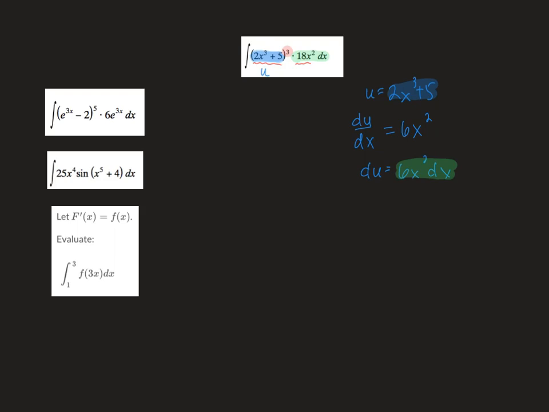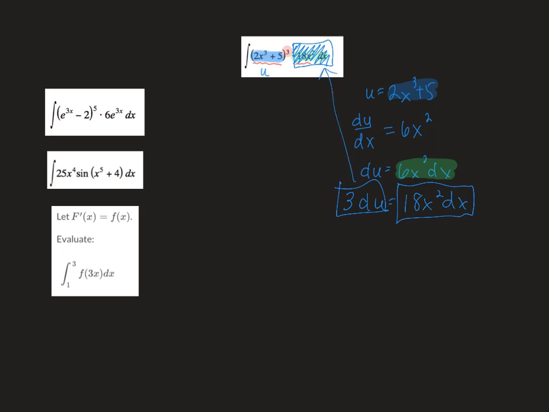So that tells me I'm going to multiply by 3, and this becomes 3 du equals 18x squared dx. And now I have an exact match. This, letter for letter, number for number, says exactly this. So that whole box right here is going to be replaced with a 3 du. It's going to be inserted right there.